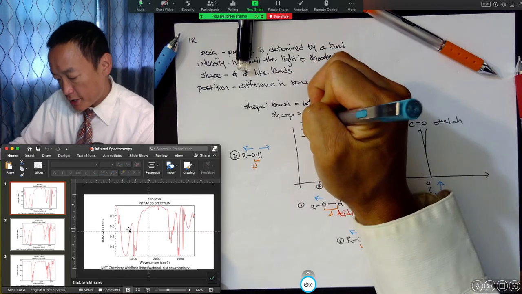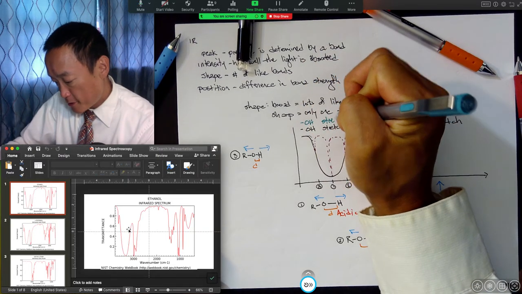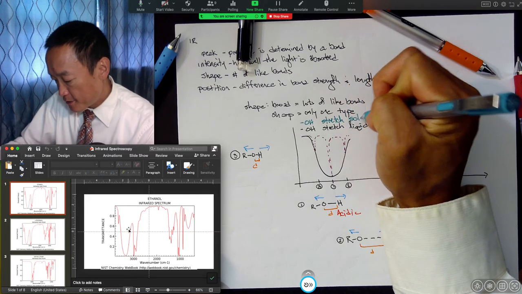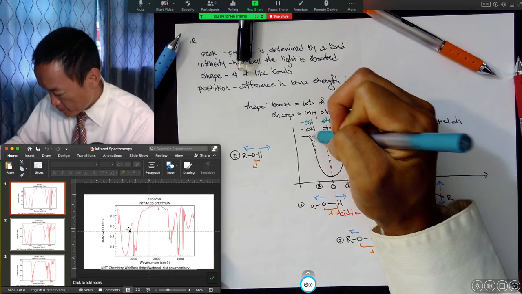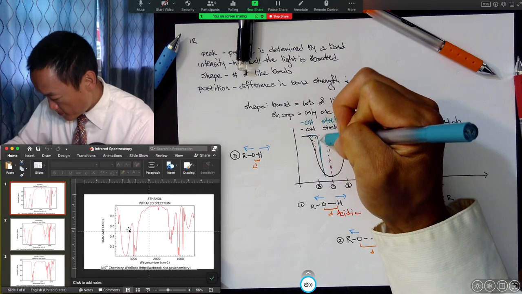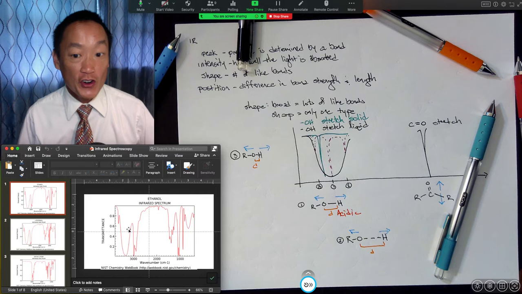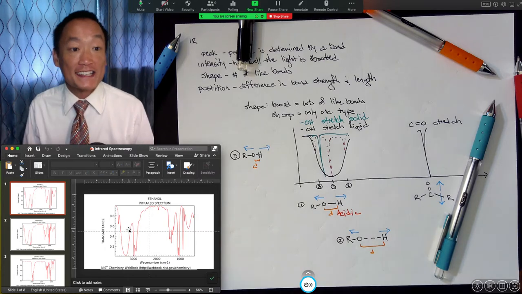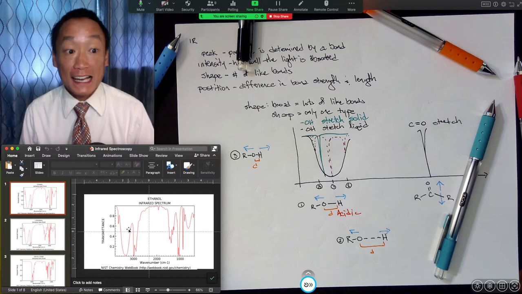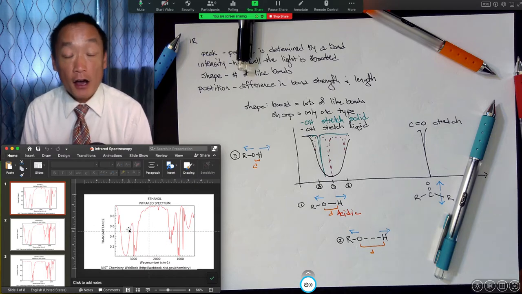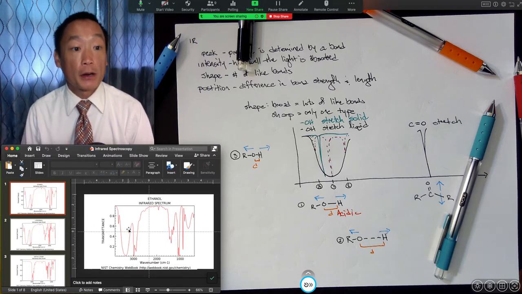If we were to see an OH stretch of a solid, you would expect to see one sharp peak at 3400-ish, because you are packed into a crystalline solid. All of these OH bonds are set to the exact same distance. All of those OH bonds will be excited at the same wavelength of light, and boom, they're all going to appear in one sharp, beautiful peak at 3400.